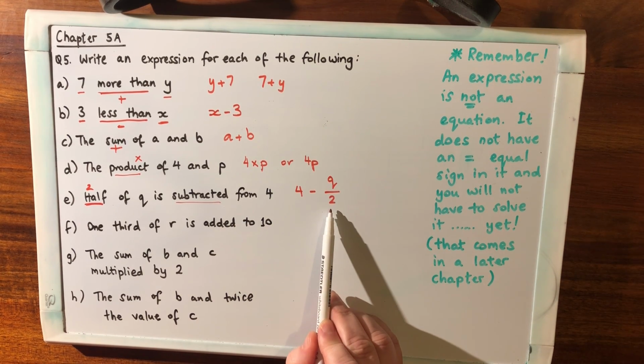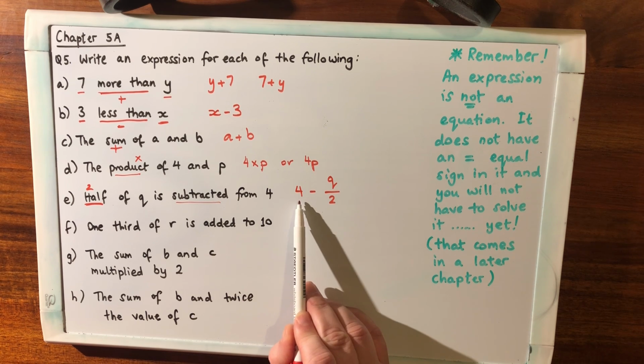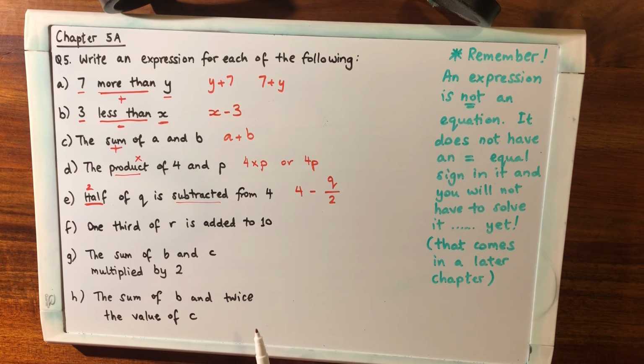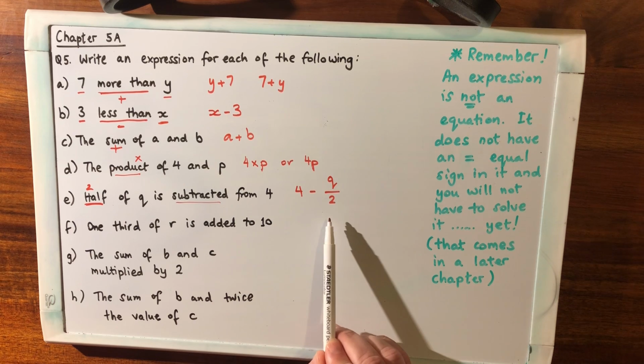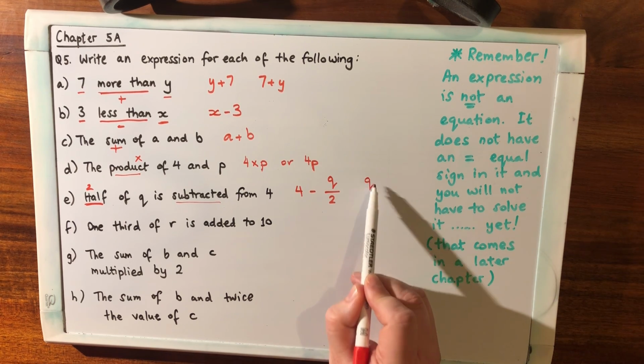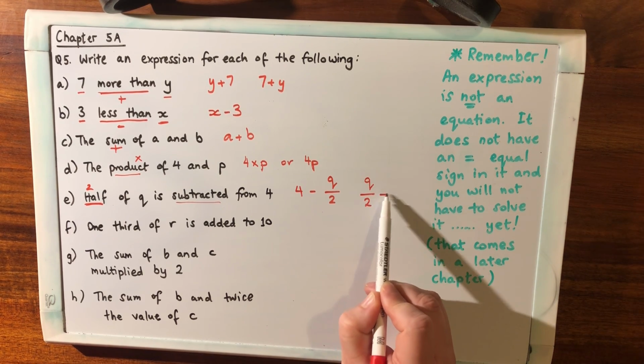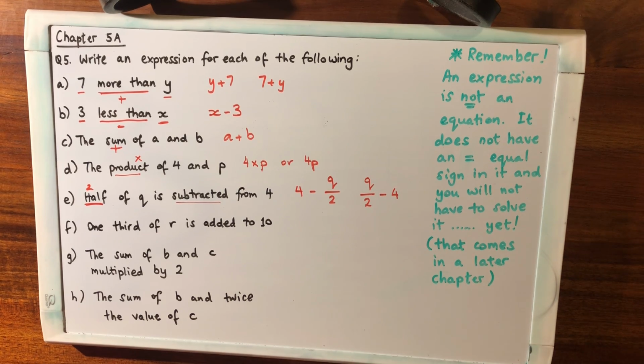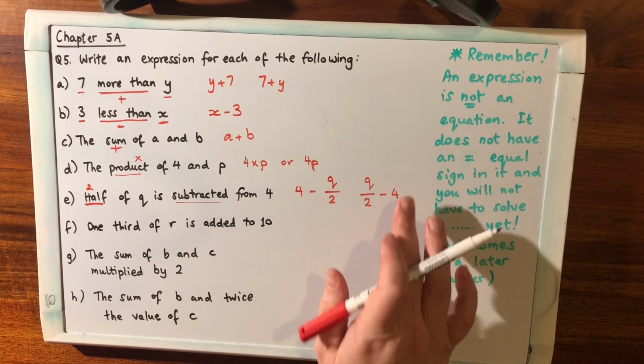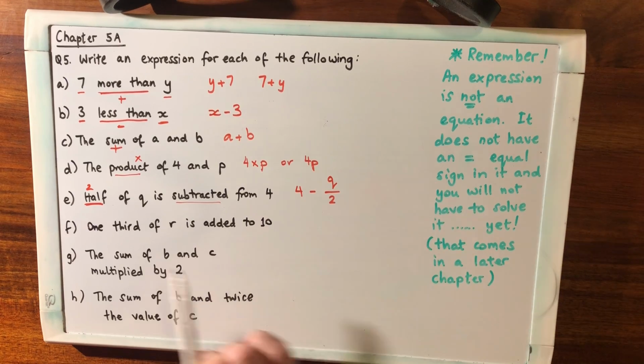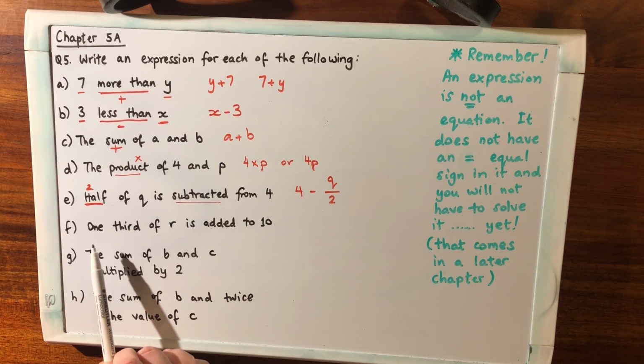Half of Q is subtracted from 4. So the order of that expression is really important. You can't have Q divided by 2 minus 4, because that will give you a completely different answer. So look at your question and the way it's written before you go ahead and answer it.